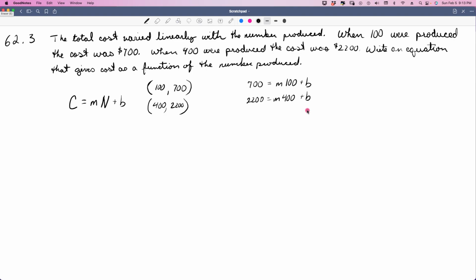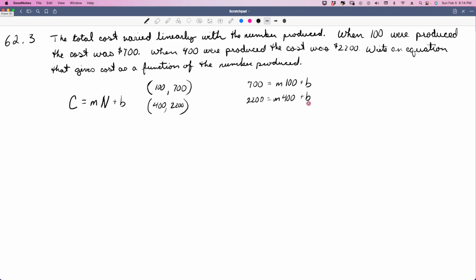Easy peasy. So let's do this as a system of equations using elimination to solve it. So let's look at what we need to do. So here we have M to the positive 100, M to the negative 100.